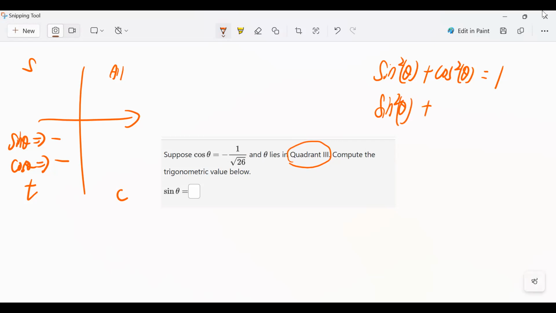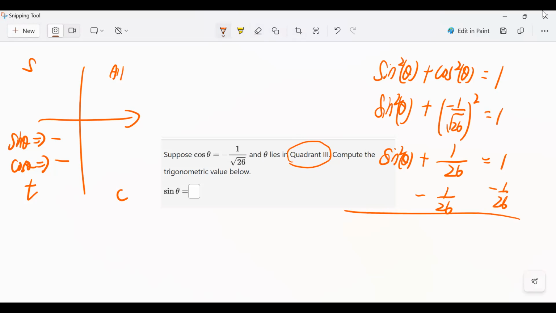Cosine theta squared will be minus 1 over the square root of 26, squared, so 1 over 26. So sine theta squared plus 1 over 26 equals 1. And you subtract 1 over 26 from both sides of the equation. So we get sine theta squared equal to 25 over 26. 26 minus 1 is 25 over 26. And sine theta is negative, so we're just going to keep the negative answer here.